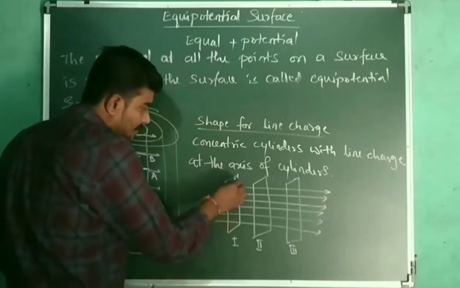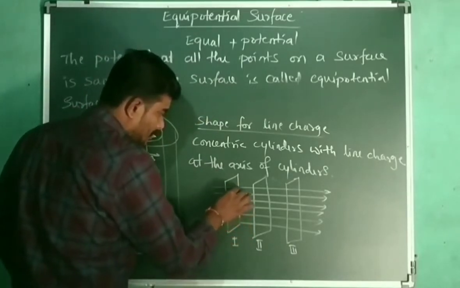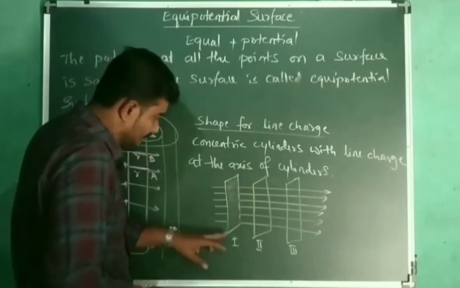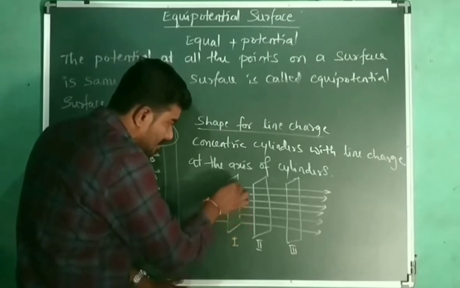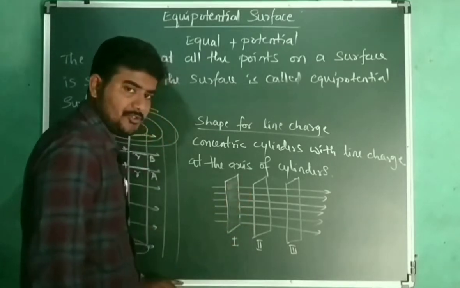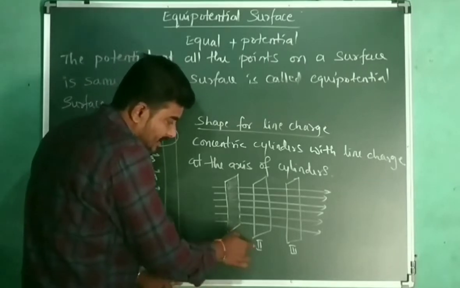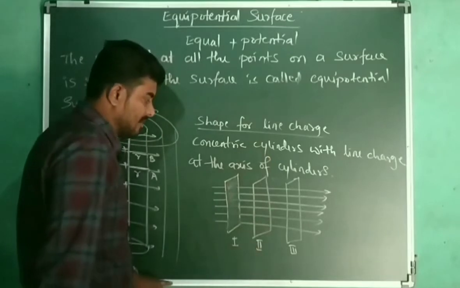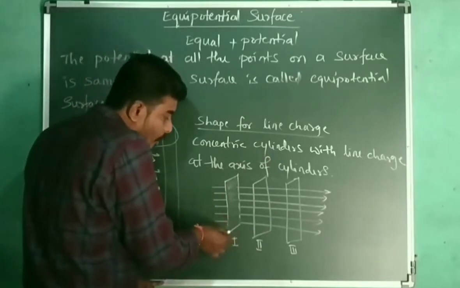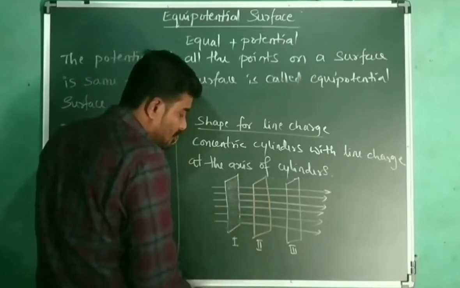If you take surface 1, the potential at all the points is going to remain the same. Throughout the surface the potential is constant. The potential at the first, second and third surfaces is different. It changes from surface to surface, but on a given surface the potential is constant.